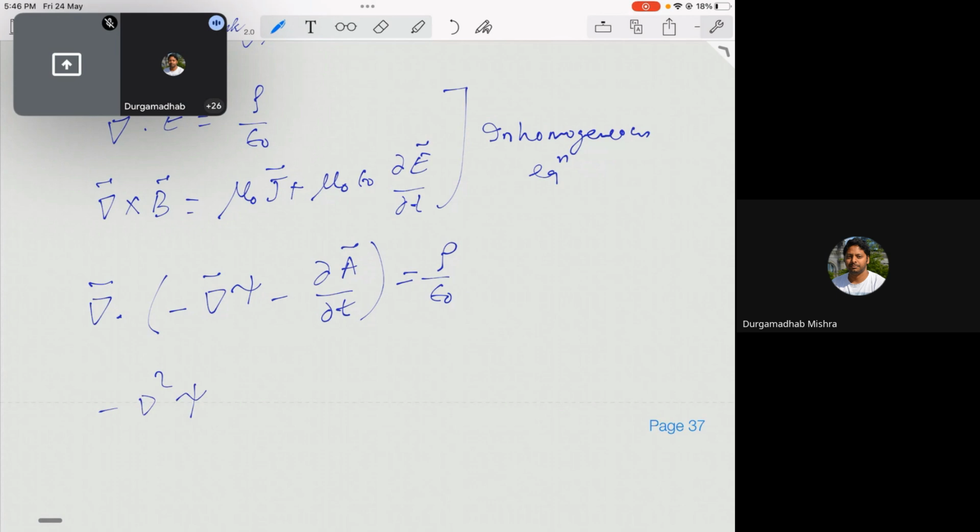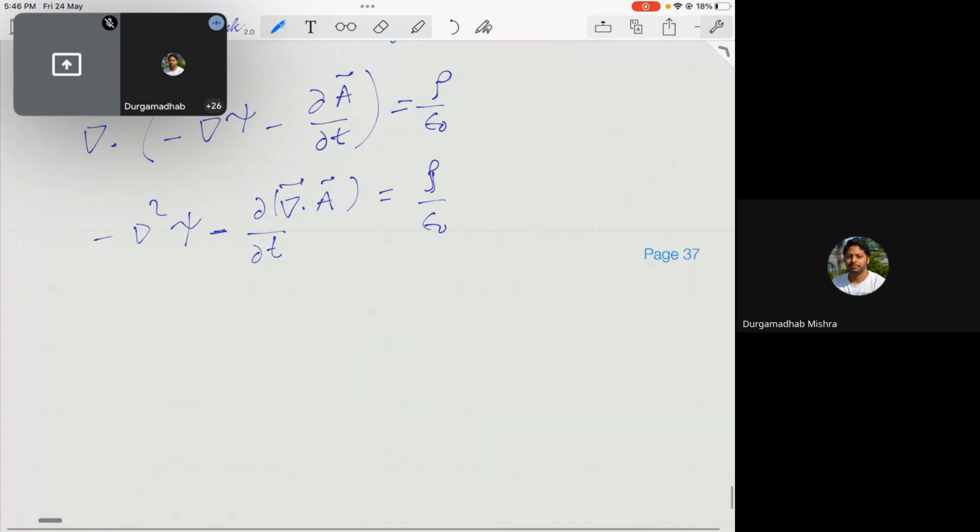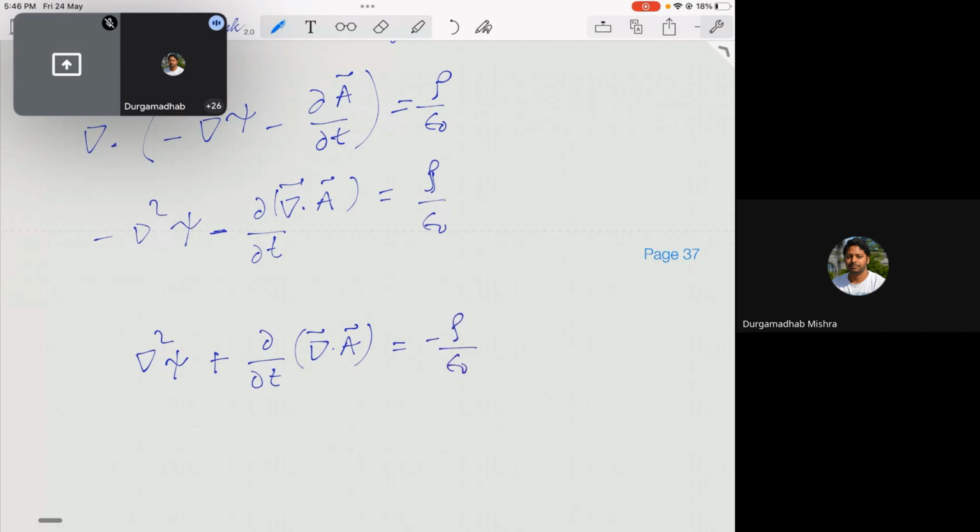And the second term is minus del, again interchanging the time derivative and space derivative, del dot A, equal to rho by epsilon naught. If I take the minus sign out, the second term is del dot A, and the equation is equal to minus rho by epsilon naught.